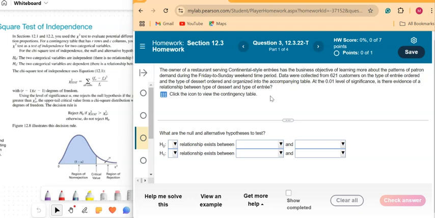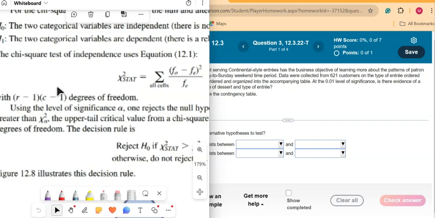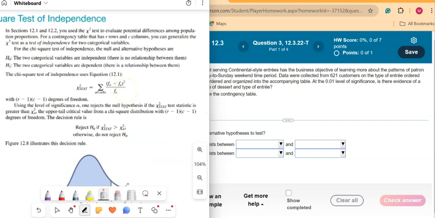Okay, so for the first question here, the null hypothesis and the alternative hypothesis are always the same. They never change. So if I go to your book, this is a screenshot from your book. Again, the null hypothesis is always the same.